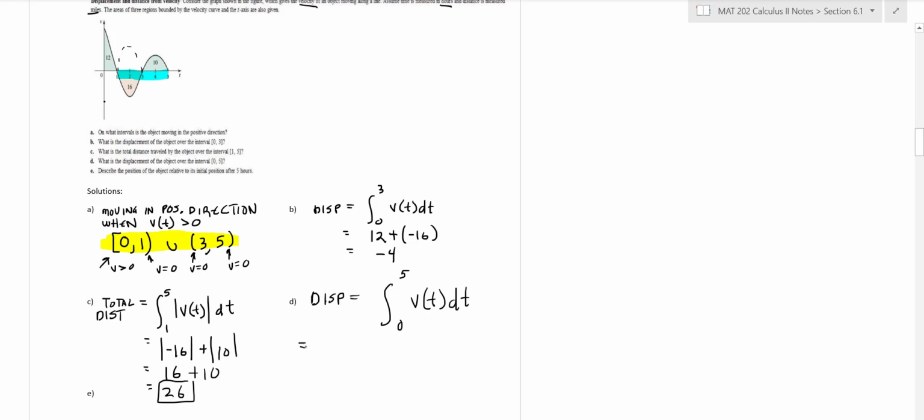I just want to mention this. You don't have to do the problem this way either, but really what you're doing is you're going from 0 to 1, v of t dt. Then you're going from 1 to 3, v of t dt. Remember, you can break integrals up like this. Then you're going from 3 to 5, v of t dt.